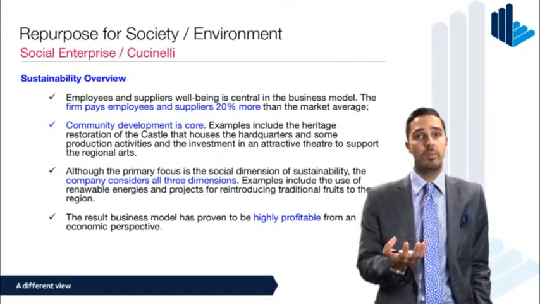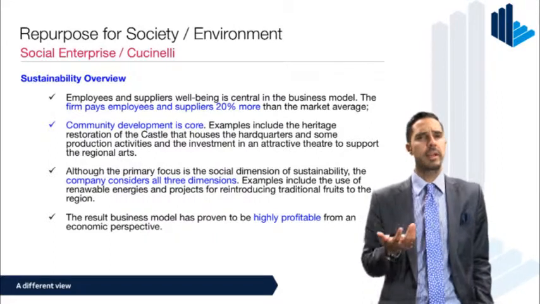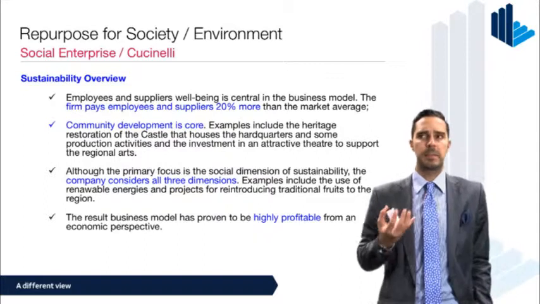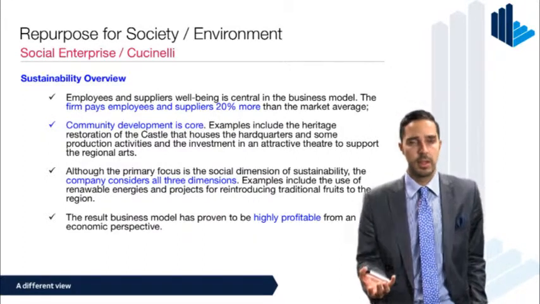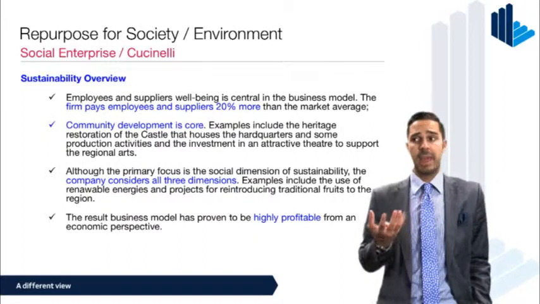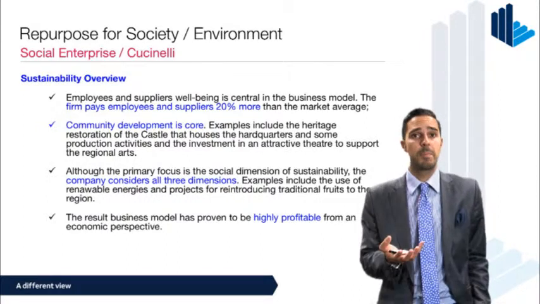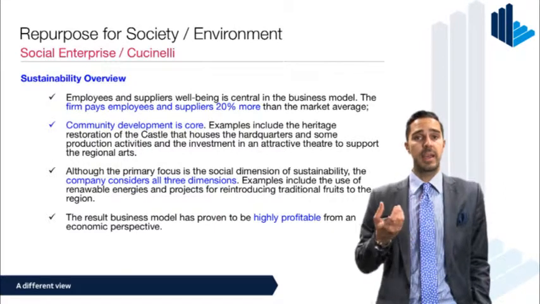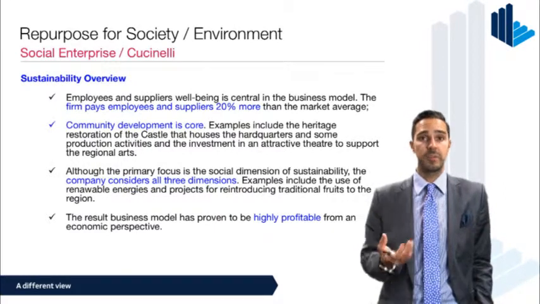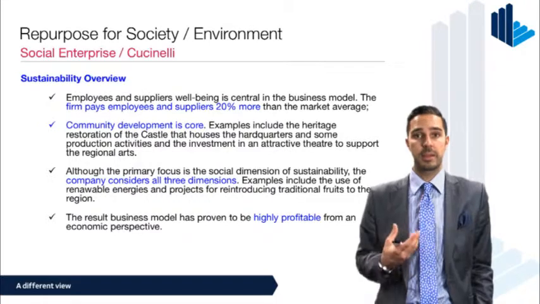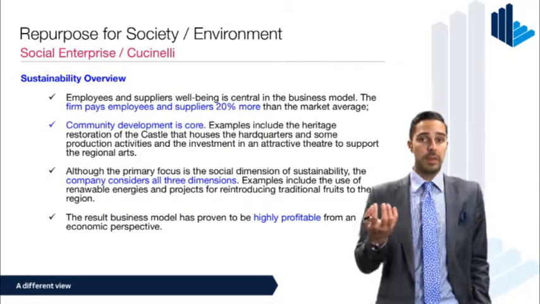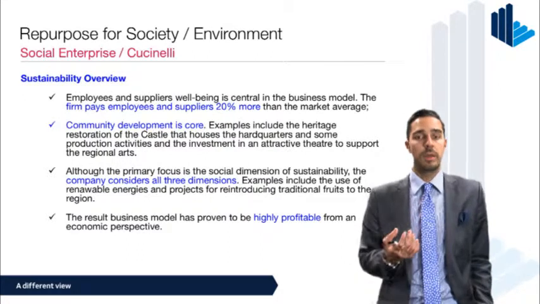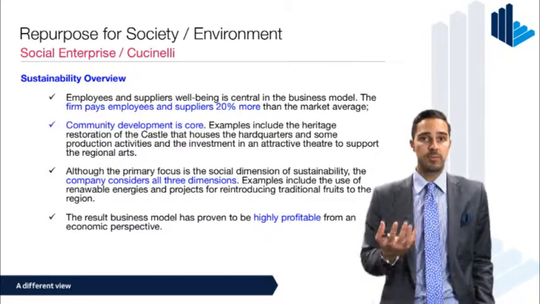It's the case of a company that is looking at sustainability not from an environmental perspective, but from a social perspective, and the resulting business model has proven to be very competitive and highly profitable from an economic perspective. So in these two examples, we saw companies implementing sustainability.